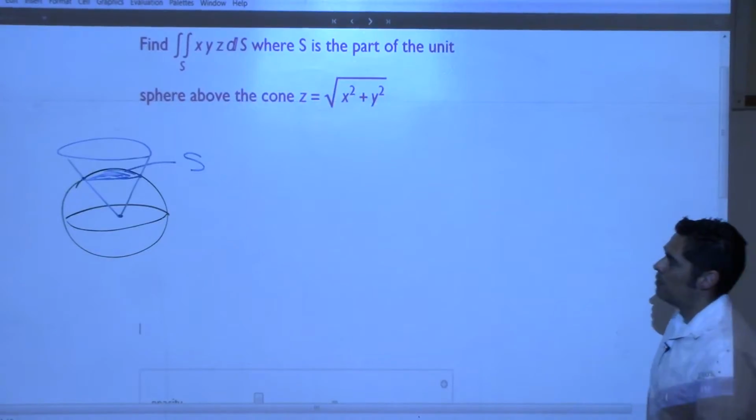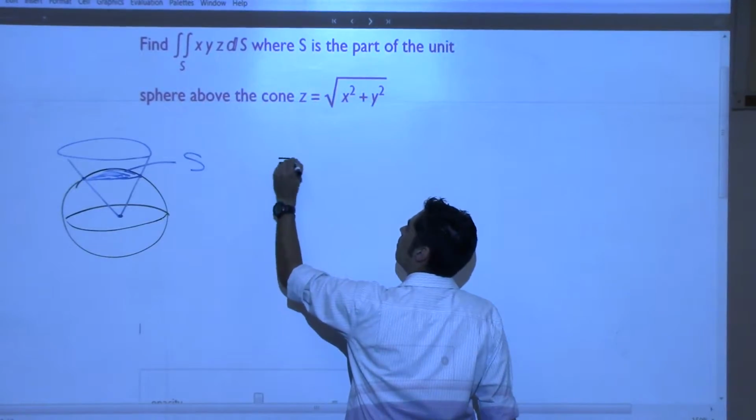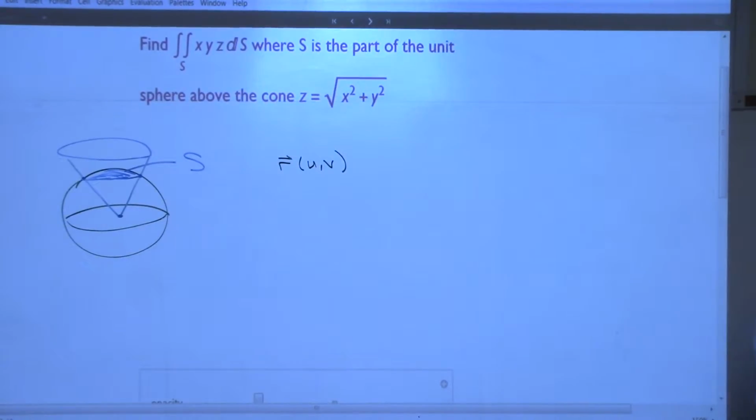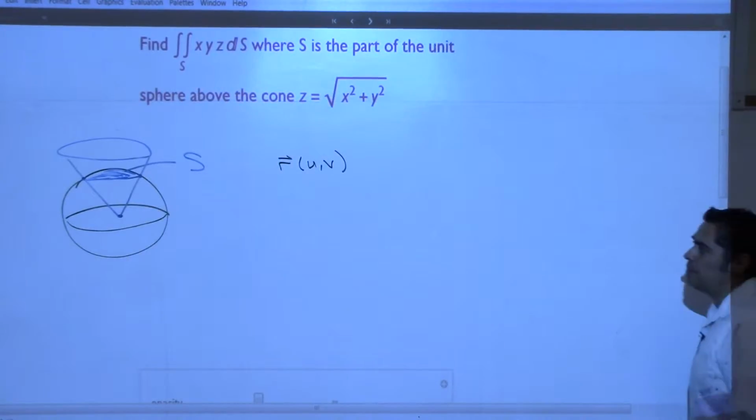We actually need to find some vector function, r of uv, that will draw just that cap for me. Not the whole sphere, just the cap. So how do you want to draw that cap?